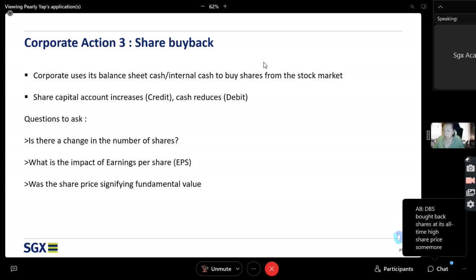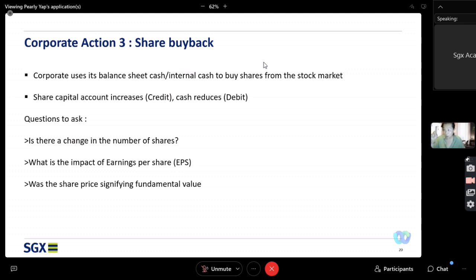Has the total number of shares in the stock market increased or decreased? Actually, in effect, they are just like me and you. The total number of shares listed has not changed when they do a share buyback. Remember this: they're just like me and you buying shares in the market.